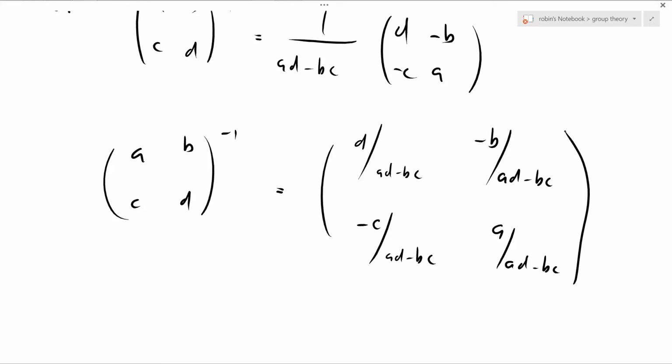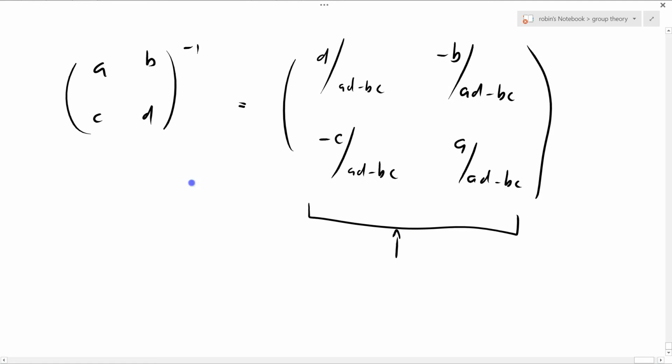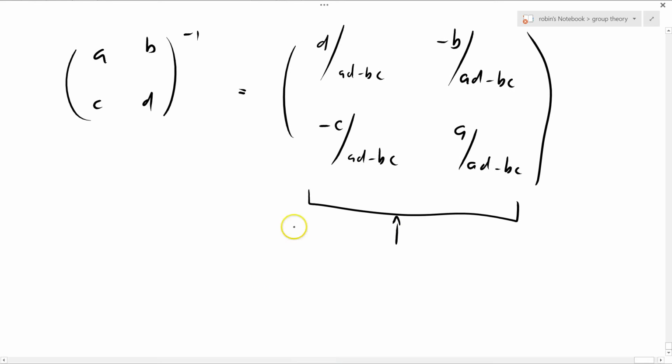I'm just checking it myself now. I've just got to make sure. Now the crucial observation is that this thing here is a member of the group because it's got two things. Firstly, it's integer valued.